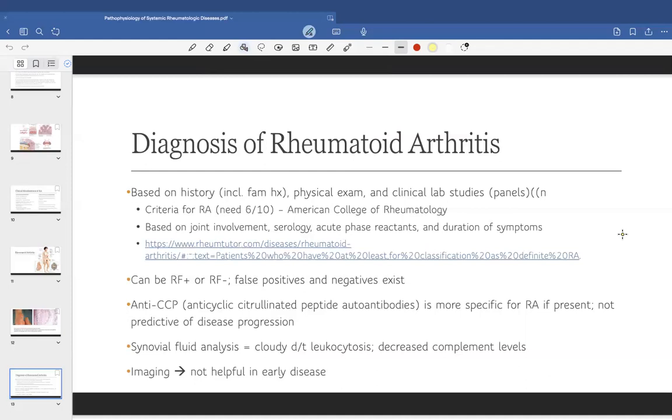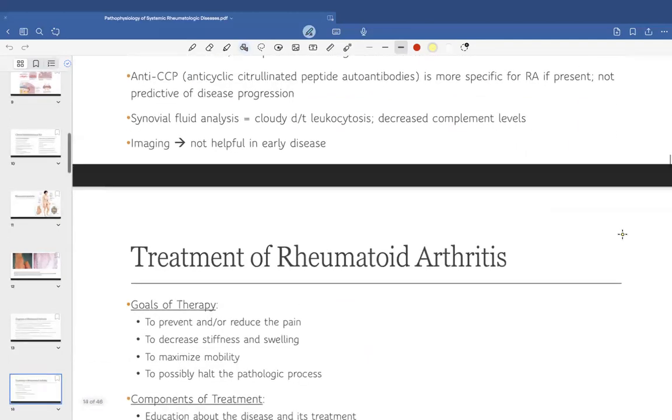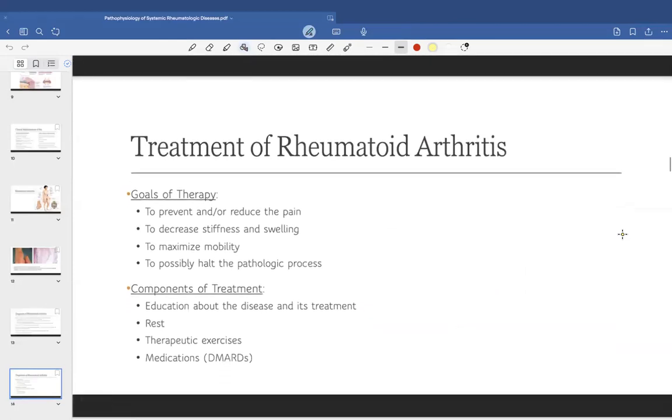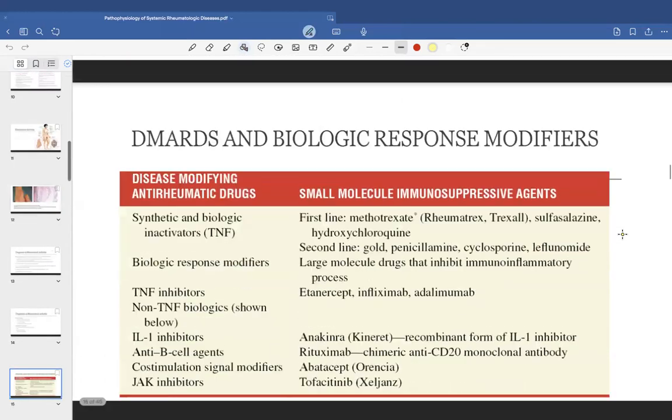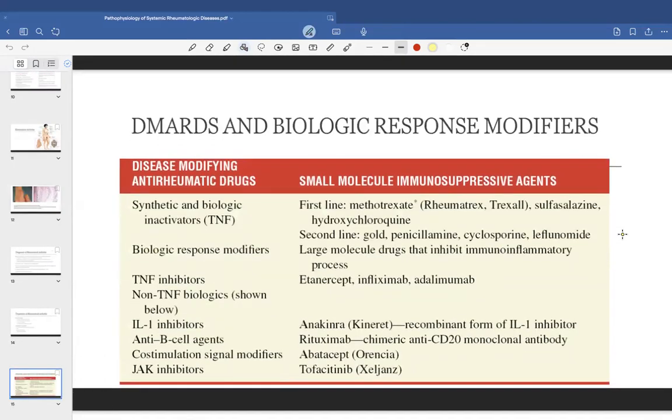And then, of course, as far as your treatment, from a clinical medicine perspective, your goals are to minimize joint dysfunction and maximize function in your patient. So if you just look at your treatment options, again, as I said, your first line is still methotrexate.